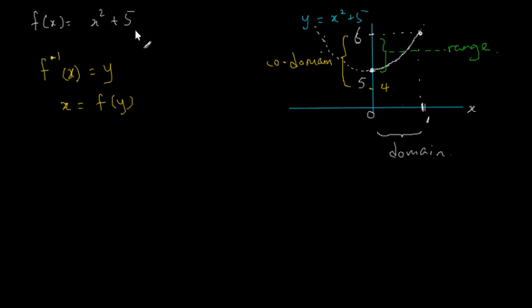In either case, we can now use this formula to find an expression for y. Substituting this y into this formula gives y squared plus 5, and if I rearrange this, I get x minus 5 equals y squared, and y is equal to the square root of x minus 5, and it can be plus or minus.